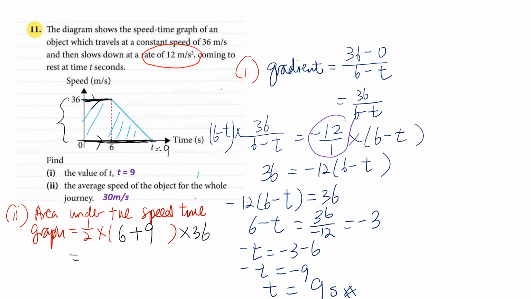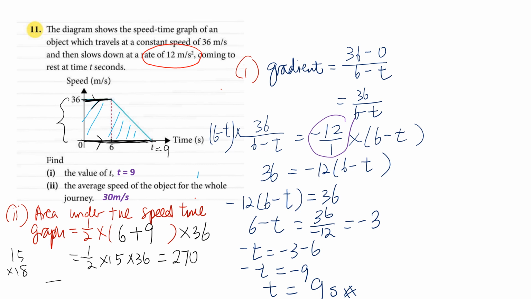Easily, you can calculate it to be half times 15 times 36. I didn't bring my calculator, that will be half times 18. Okay, stop for a while. That gives you 15 times 18, which is 270. So that will be the total distance traveled.